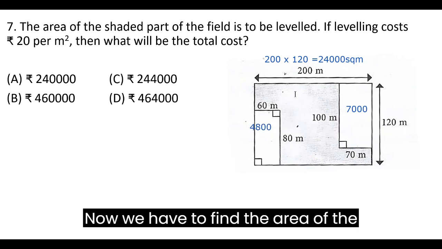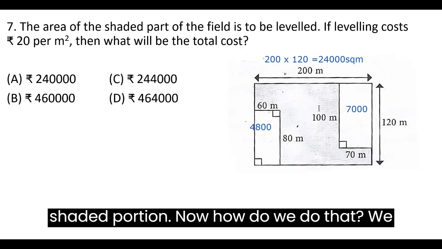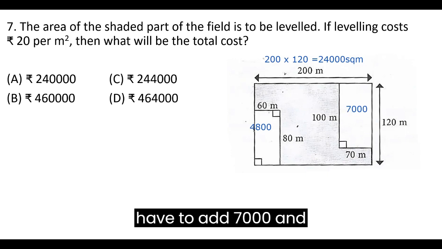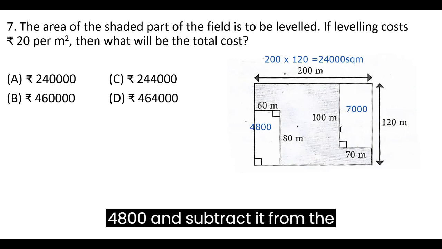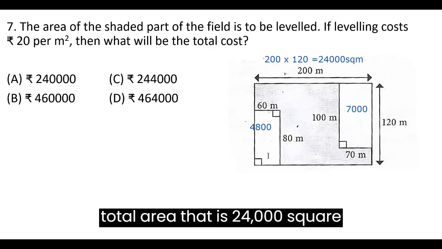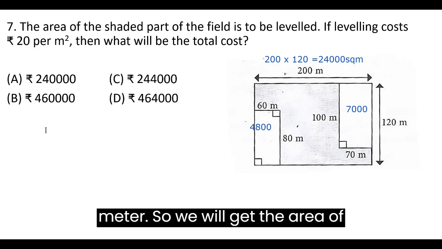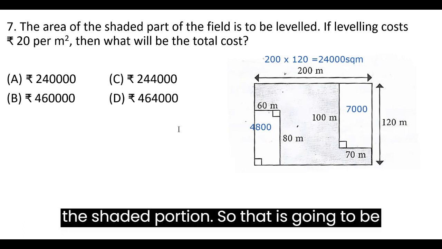Now we have to find the area of the shaded portion. Now, how do we do that? We have to add 7,000 and 4,800 and subtract it from the total area, that is 24,000 square meter. So we will get the area of the shaded portion.